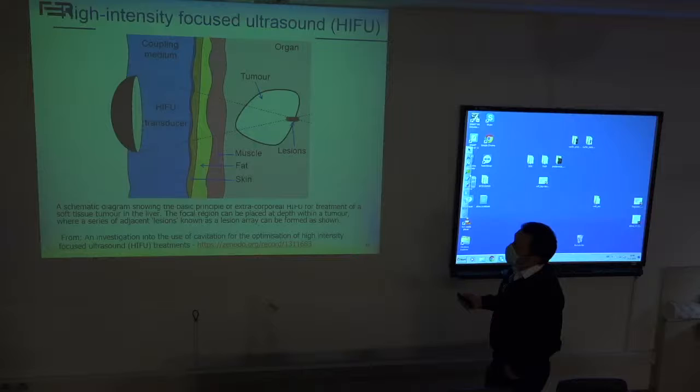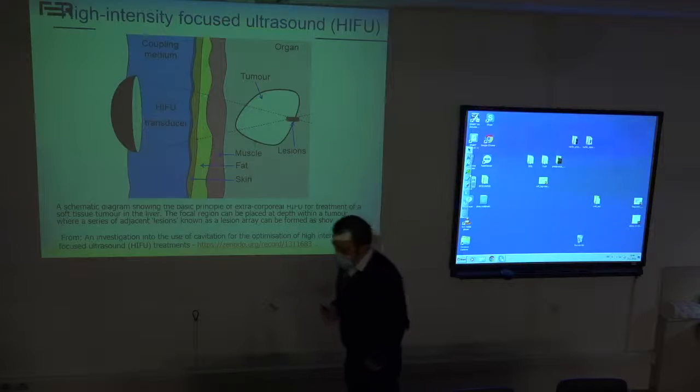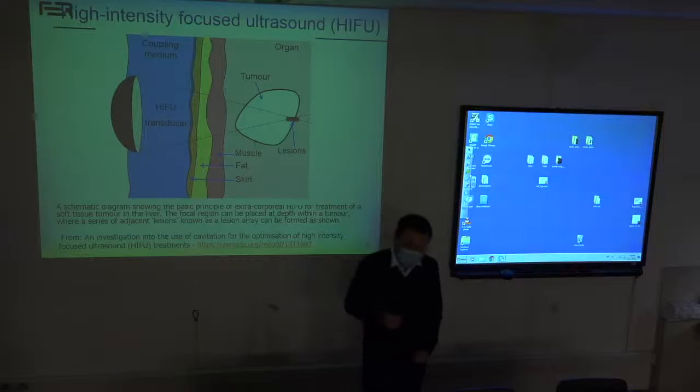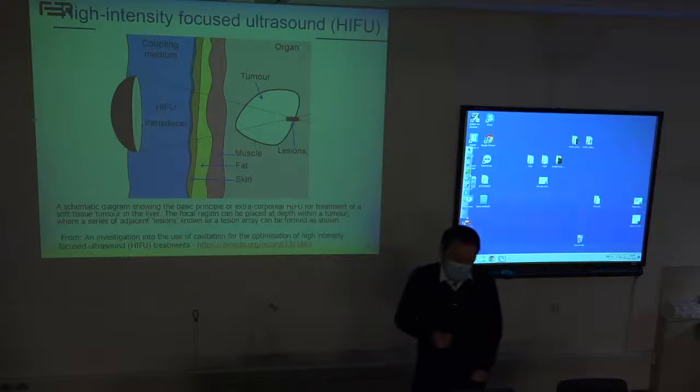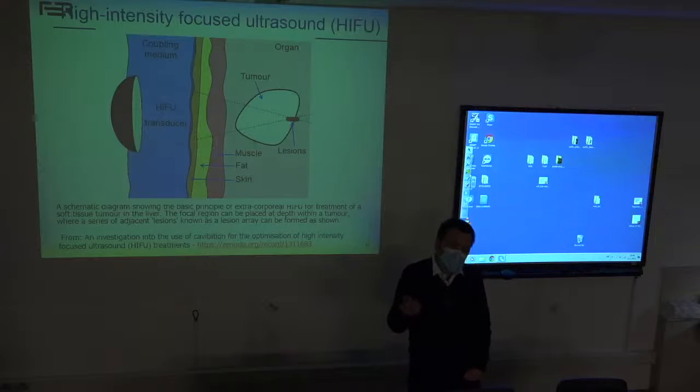It's, let's say, similar to the cobalt knife, which is used, let's say, for tumors in the head.